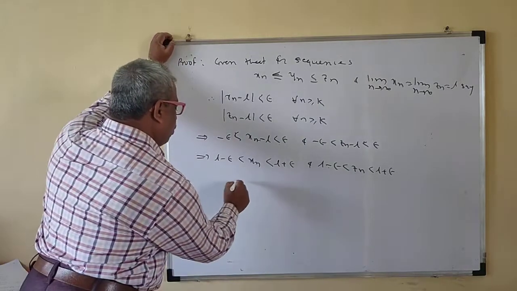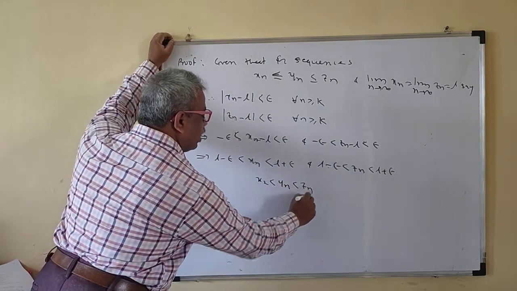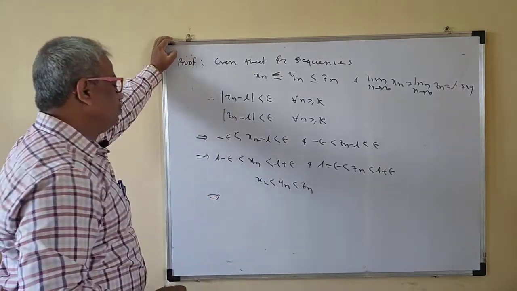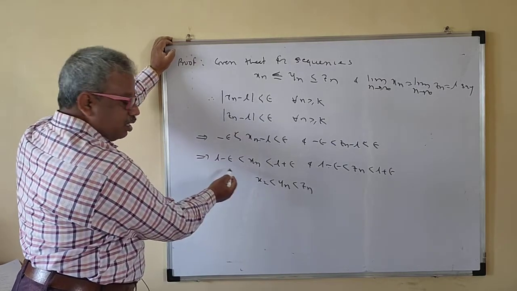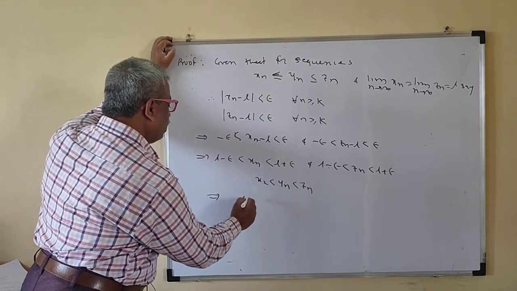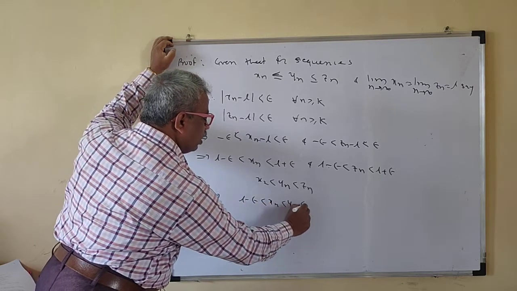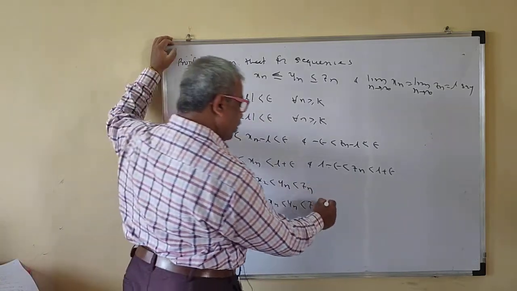Now xn is less than or equal to yn is less than or equal to zn, right? So xn is greater than l minus epsilon, so l minus epsilon is less than yn is less than zn, and zn is less than l plus epsilon.